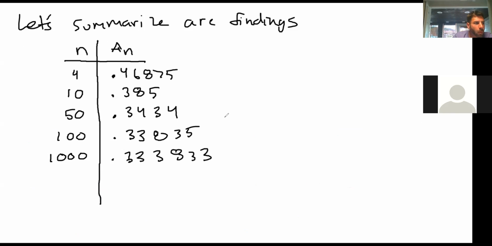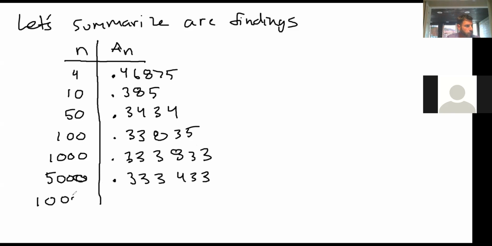And so the point I'm trying to make is that we're starting to recognize a pattern. What if I went to, instead of 1,000, 5,000 rectangles? If I do 5,000 rectangles, I get .333433.